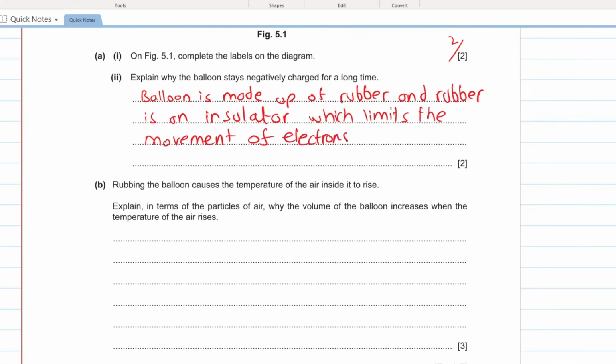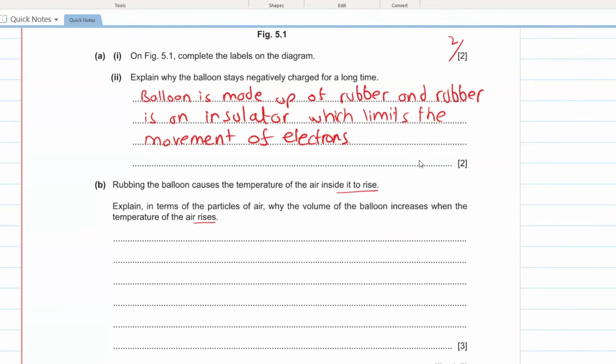Now let's move on to part B. Rubbing the balloon causes the temperature of the air inside to rise. Explain in terms of the particles of the air why the volume of the balloon increases when the temperature of the air rises. Wow, what an interesting question again.